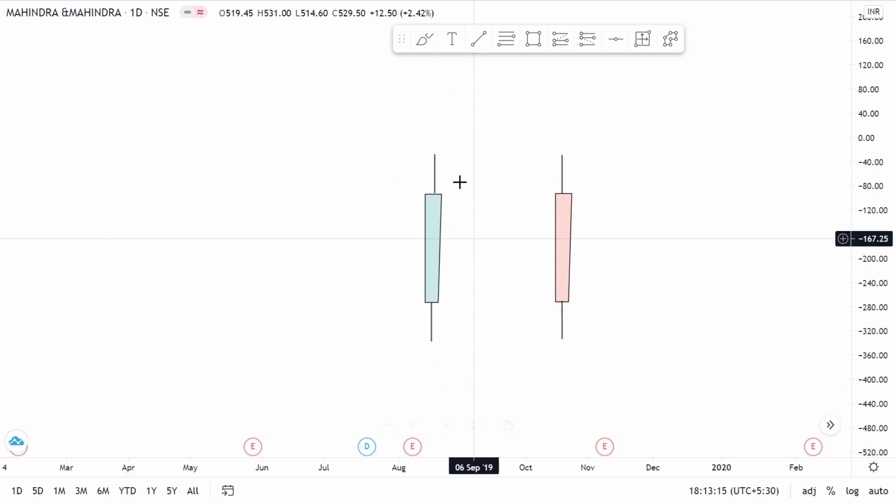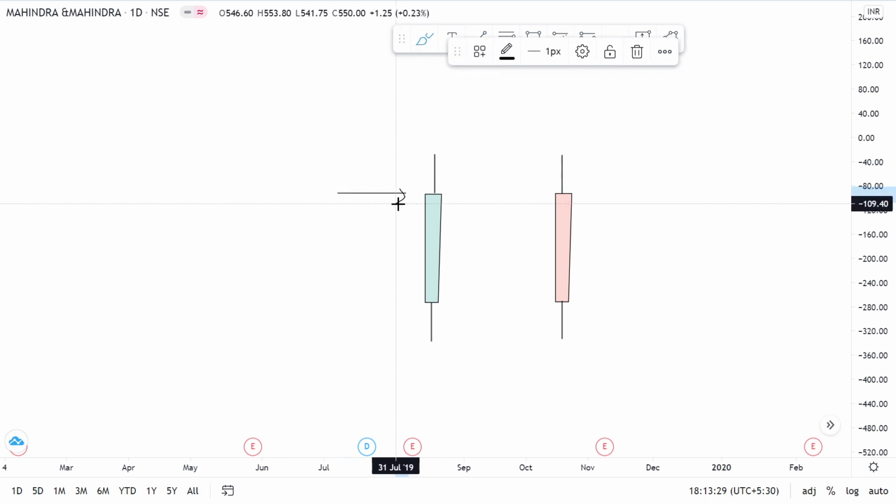Let's take the example of a green candlestick. So let's say this price is about this price right here. This is an important price right here, this price at the end of this long straight line, and this price.